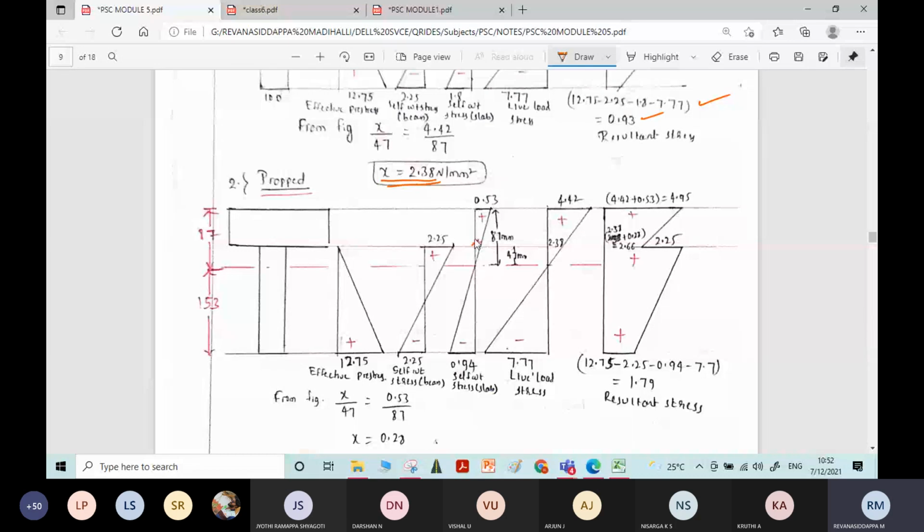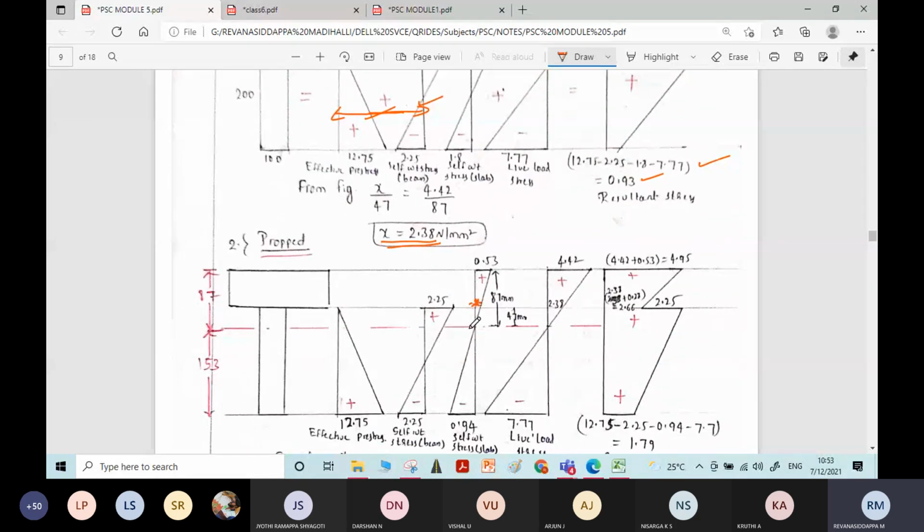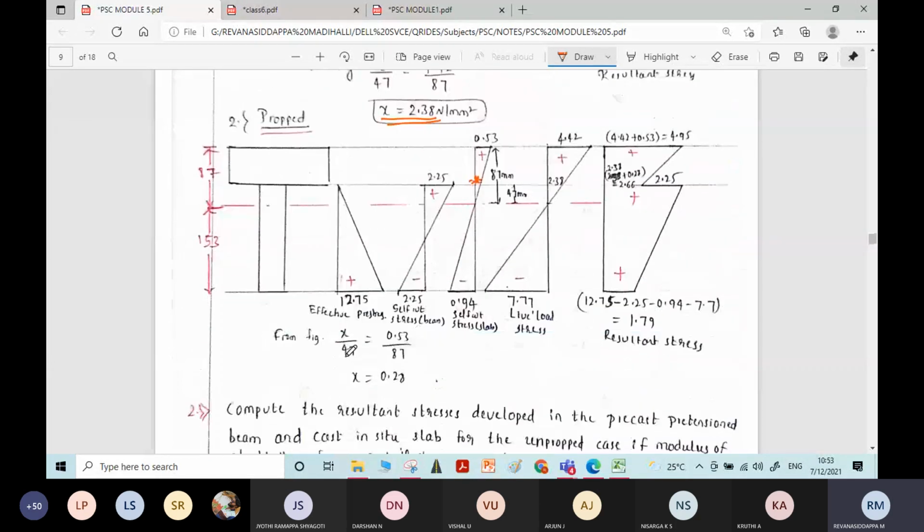For this x distance, the same procedure is followed here. x by 47 is equal to 0.53 divided by 87, so x is equal to 0.28. So in the resultant stress diagram, 0.28 plus 2.38 gives 2.66, which you write.